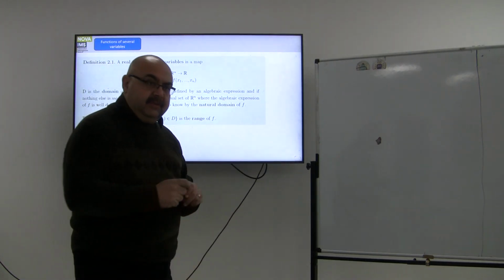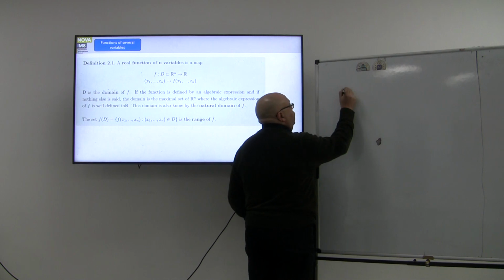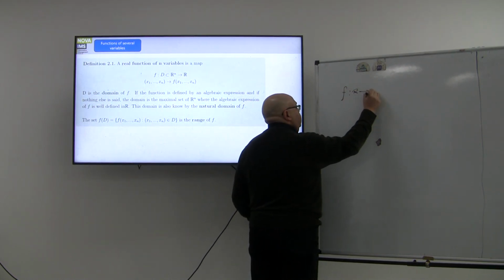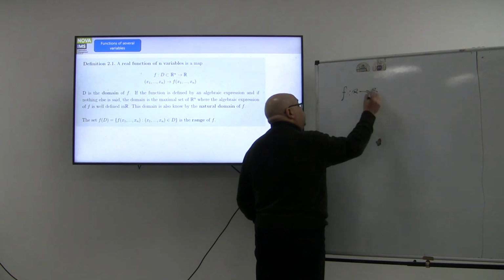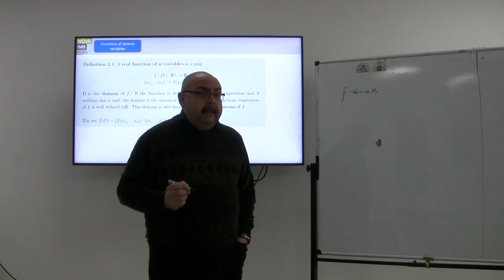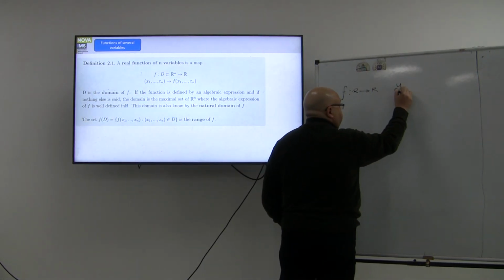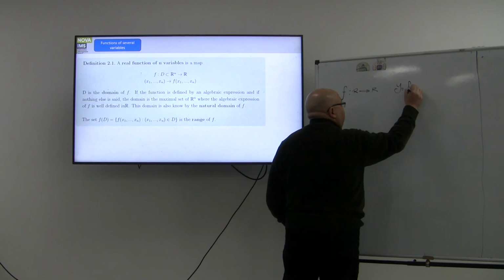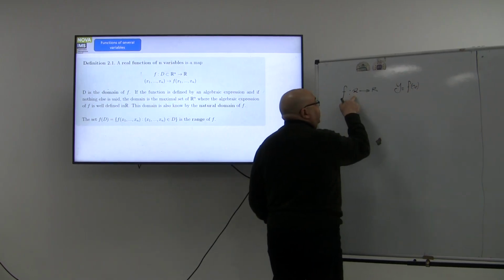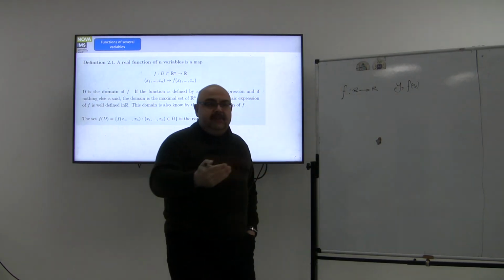Functions in one variable will appear to you in this way: f from R into R. Once you read this mathematical statement, you understand that you will have y, for example, as a function of x. So just one variable will enter, and one variable will come out of this relation.